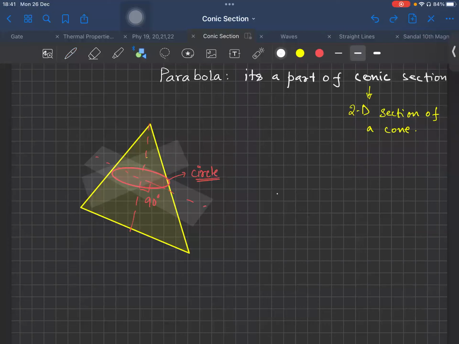Let alpha be the angle of the cone, and beta the angle at which the plane slices the cone. If alpha is equal to beta, then we call it a parabola, right?